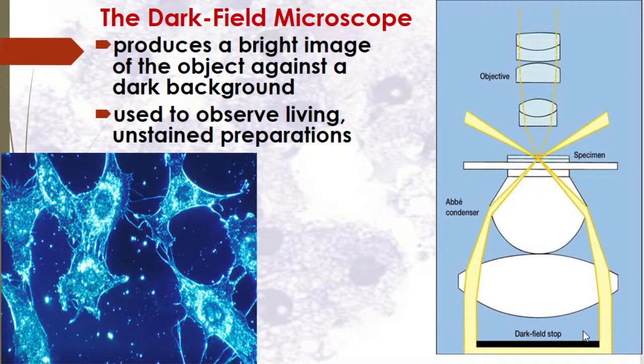But if you use a dark field condenser, like dark field stop elements in the Abbe condenser, you can use this method without special stain. And the fibroblast cells are very good, bright inside on the black background.